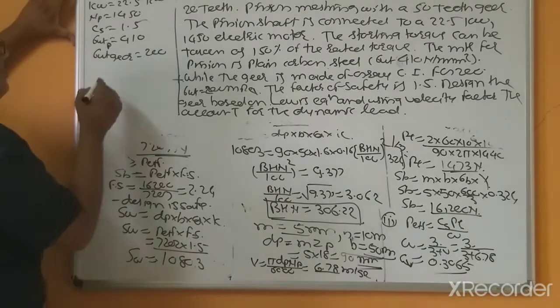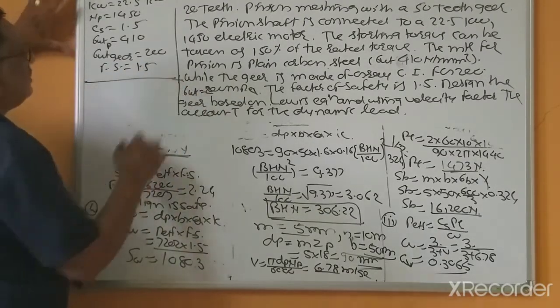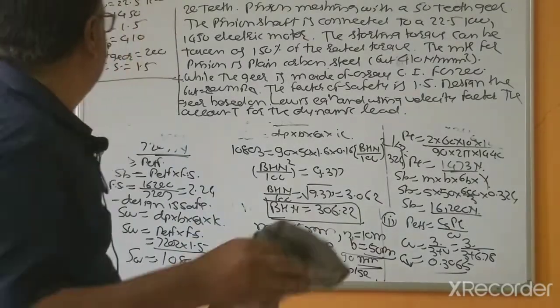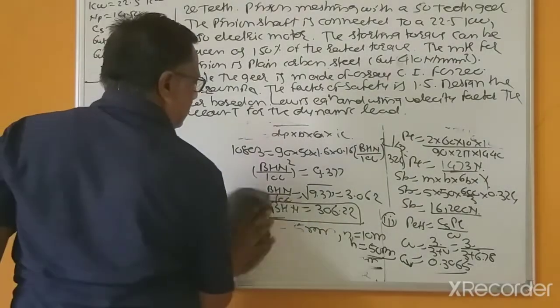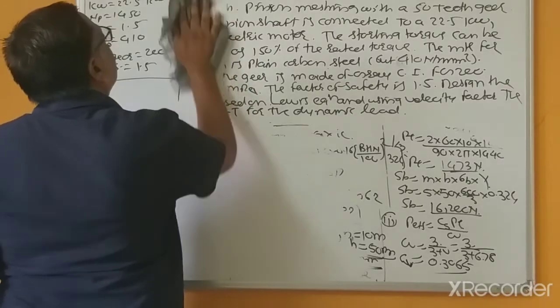Factor of safety 1.5. So this much is the data. Design the gears. This is a complete problem, because here both materials are different.